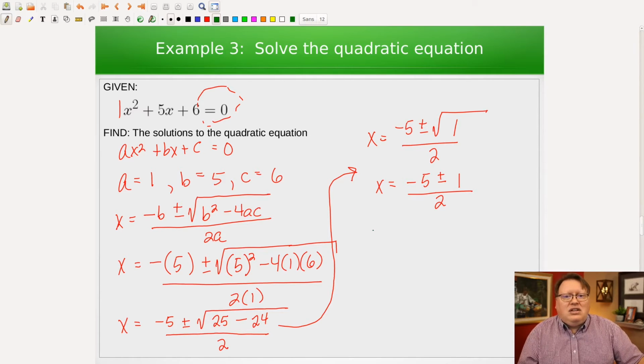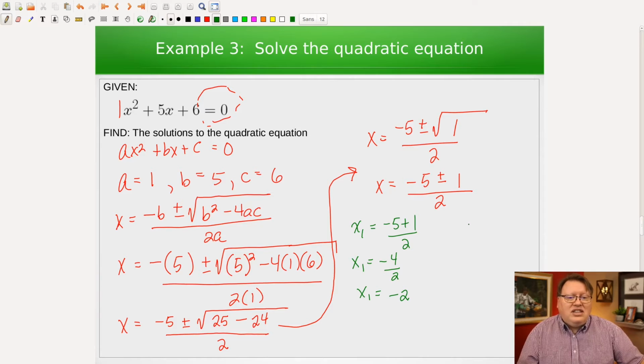I'm going to write this in a different color. We'll say our first x value is negative 5 plus 1 divided by 2. So we get x sub 1 equal to negative 4 divided by 2. So our first x value is a negative 2. All right. So that's our first solution.